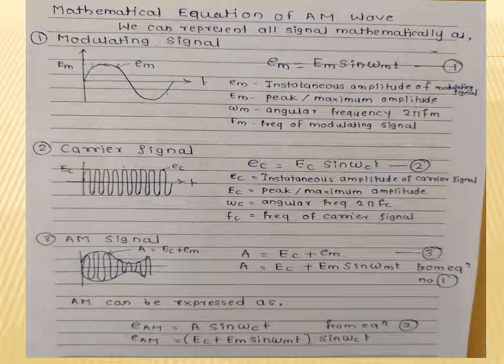The value of A from equation number 3 is EC plus EM sine of omega mt, into sine of omega ct. So this is the equation of AM: EAM is equal to EC plus EM sine of omega mt into sine of omega ct. This is the mathematical equation of your AM wave.